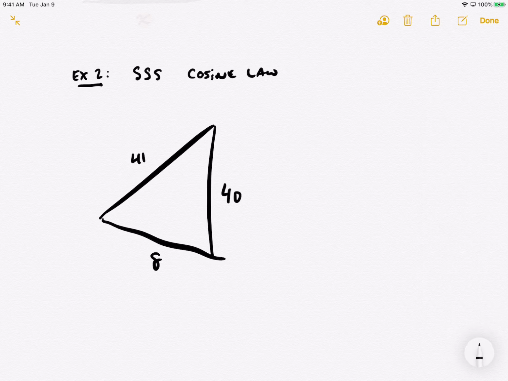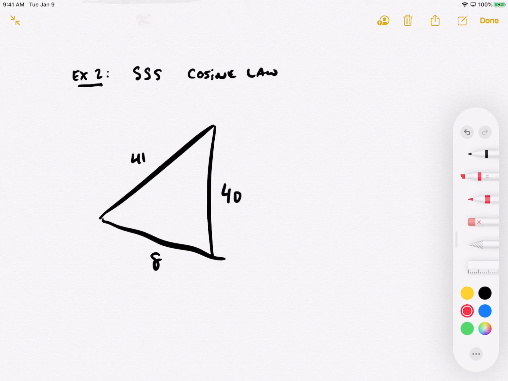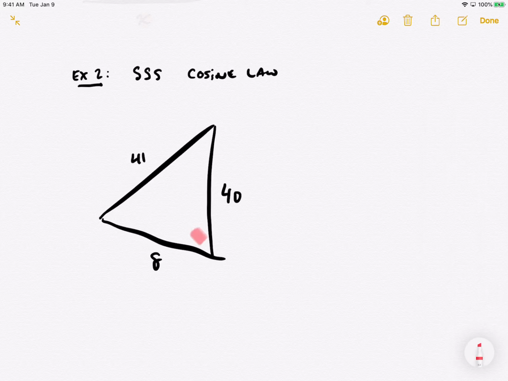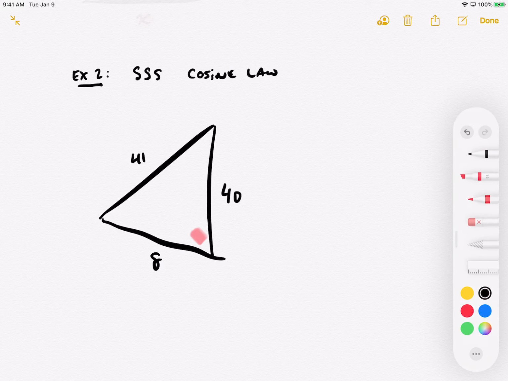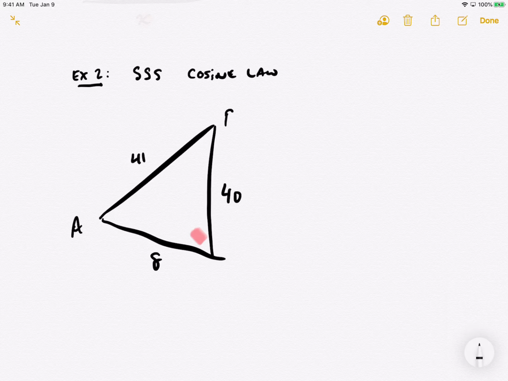Okay, and let's just say I'd like to know this angle right down here across from the 41. So that means when I'm using my cosine law, sure, I could label everything if I'd like A, B, and C, but the important thing is, whatever letters you might choose to use for the labeling, that the angle that you're after, in this case, the red angle down here, angle C, needs to be paired clearly with the side across from it.